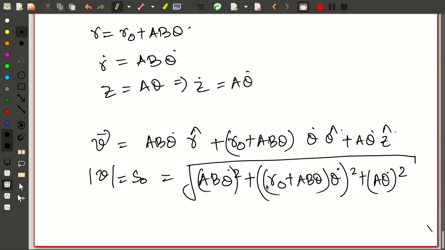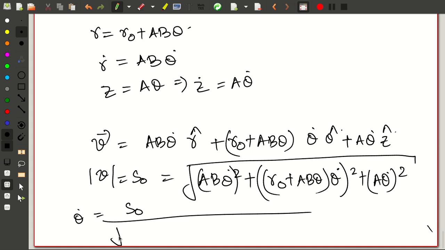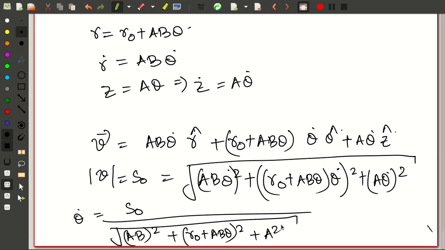Now you can find out theta dot. Theta dot is equal to s naught divided by the square root of (AB) whole square plus (r naught plus AB theta) whole square plus a square. This is your theta dot for a constant speed s naught to maintain.